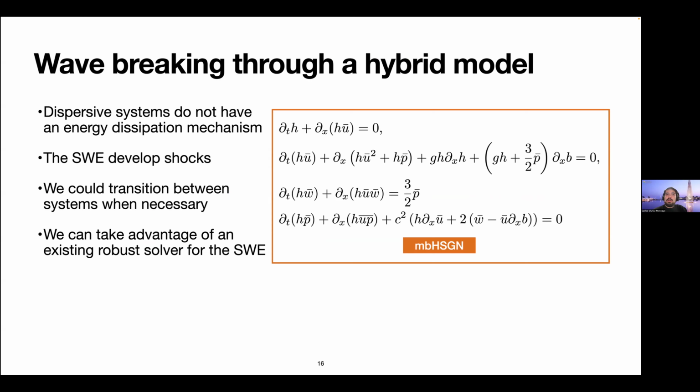These systems allow us to do it in a very natural way. We just turn off the dispersive terms. Here, P is the non-hydrostatic pressure, W is the depth average vertical velocity. So if we turn these terms to zero, we recover shallow water equations. And among other things, we can use the shallow water Riemann solver in GeoClaw, which has survived the test of time.